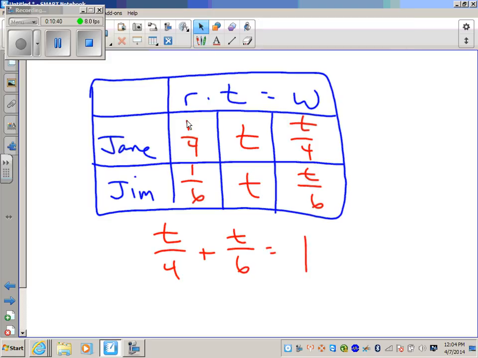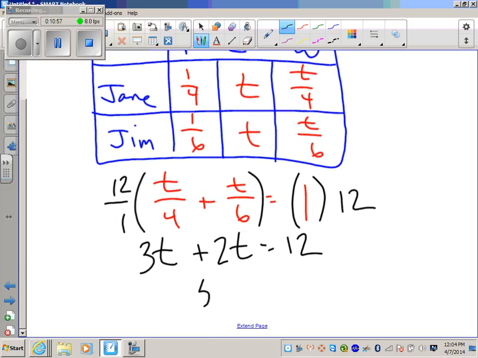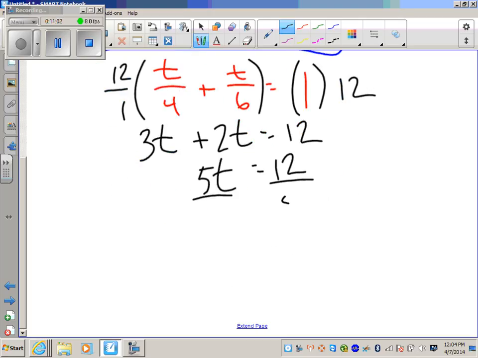What then is the LCD? So 3T plus 2T equals 12. All right, 2 2/5 hours.